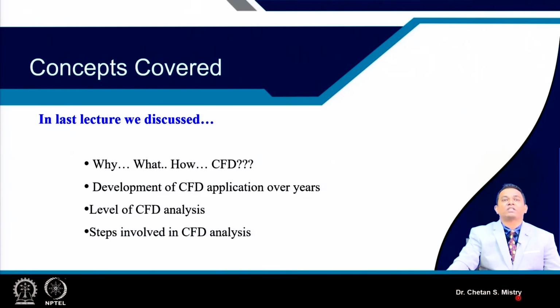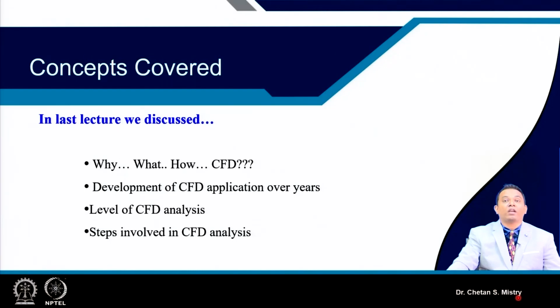Then we started discussing the steps involved in CFD analysis. Initially we make the flow domain. Then we need to divide that flow domain into small volumes in order to solve the problem numerically. For that we need boundary conditions.